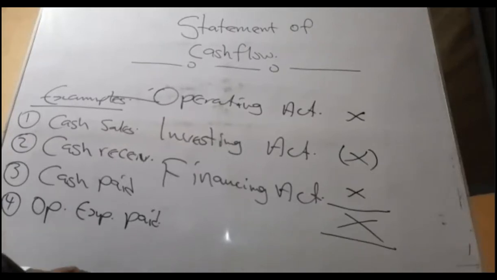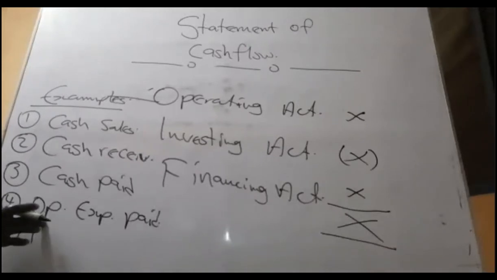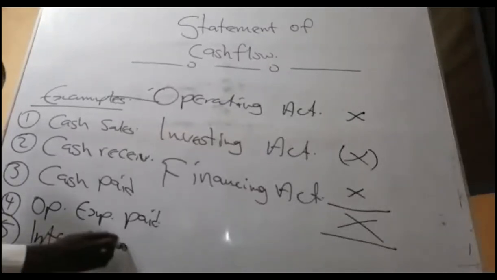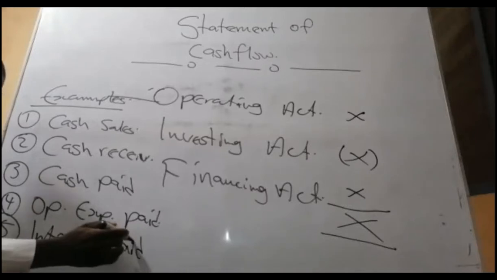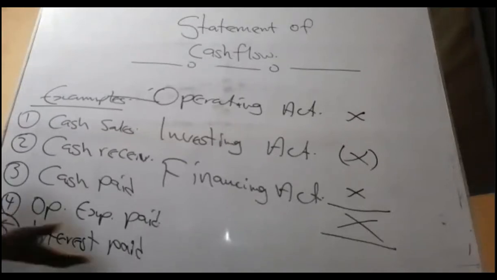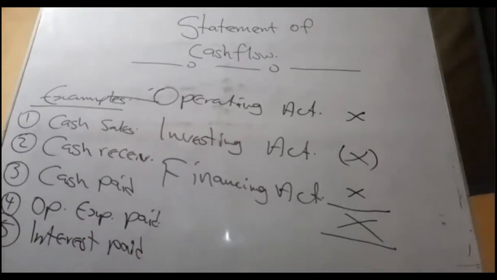Then you go to tax paid, then we can add interest paid. Now, let me explain interest very well because it swings. If the nature of your business is in connection with paying and receiving of interest, then when you pay interest, it forms part of your core activity. Examples include most financial institutions like banks.